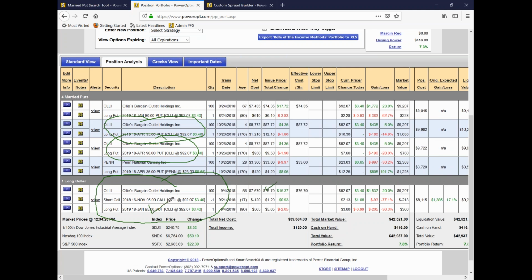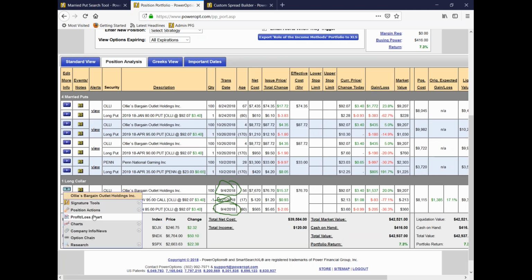I'm actually just holding the 85 put on Ollie right now, and I sold the 95 call for 120. That was back on September 21st. Oh, I'm sorry. No, this was October. This was October 21st when I sold the 95 call. I apologize. That's not September. But the last adjustment I made when I rolled up the put was rolled up to the 85 put on September 4th. You can see that in the Fusion track record, or the open positions.